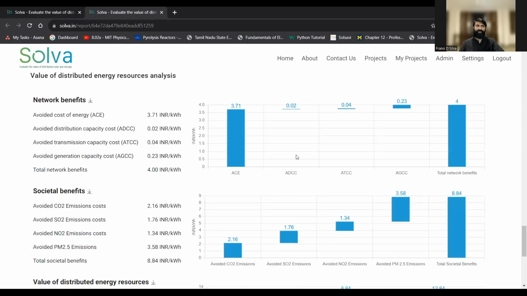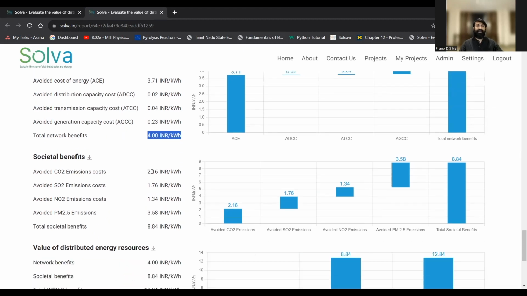Further, we come to see how the network benefits as well as the societal benefits are achieved. Here you can see the contribution of each of the aspects, that is the avoided cost of energy, the avoided distribution cost, avoided transmission capacity cost, and avoided generation capacity cost, resulting in a total of 4 rupees per kilowatt hour.